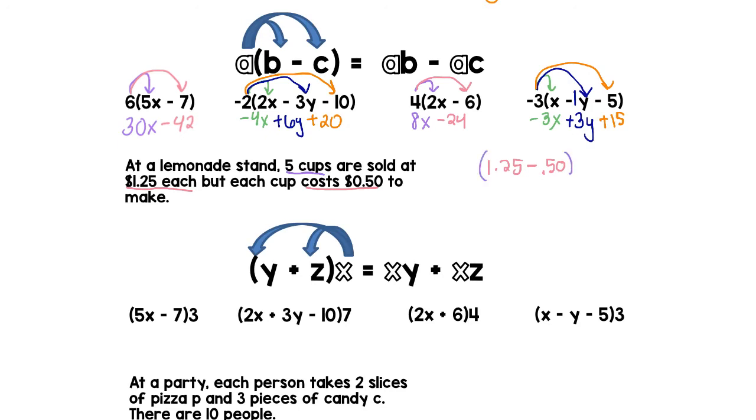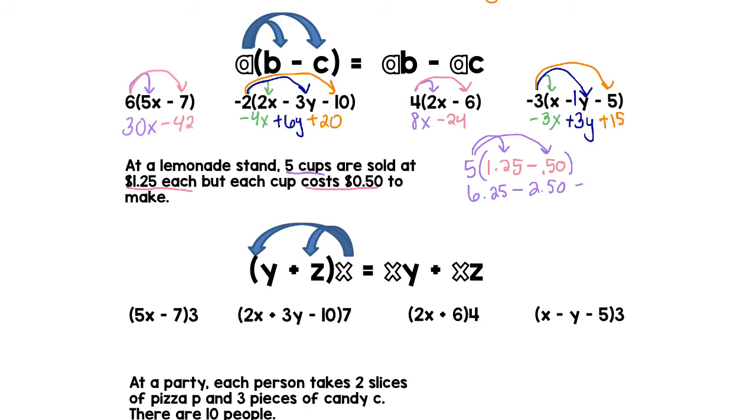That means we're going to multiply by 5. 5 times $1.25 is $6.25. And 5 times 50 cents is -2.50.